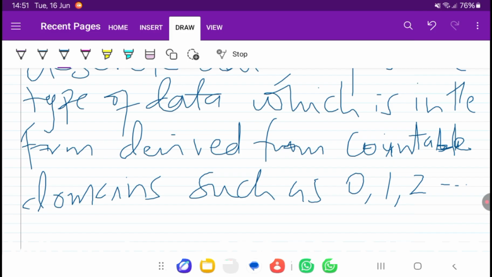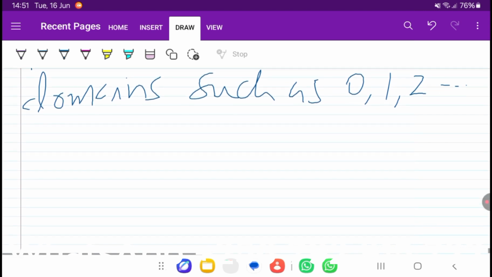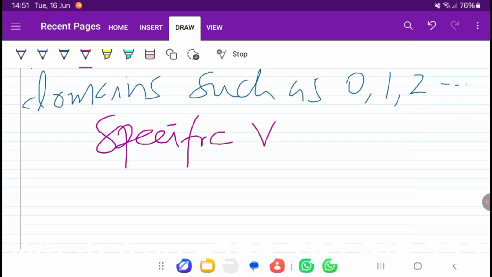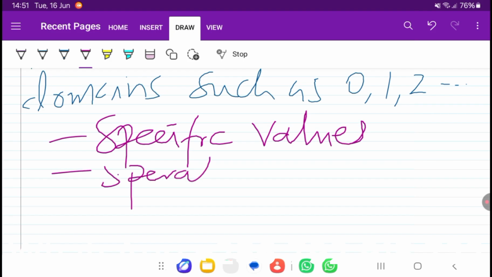Now, one thing that you need to understand is the fact that the descriptive values always assume to reflect specific values, or what we call separate values.